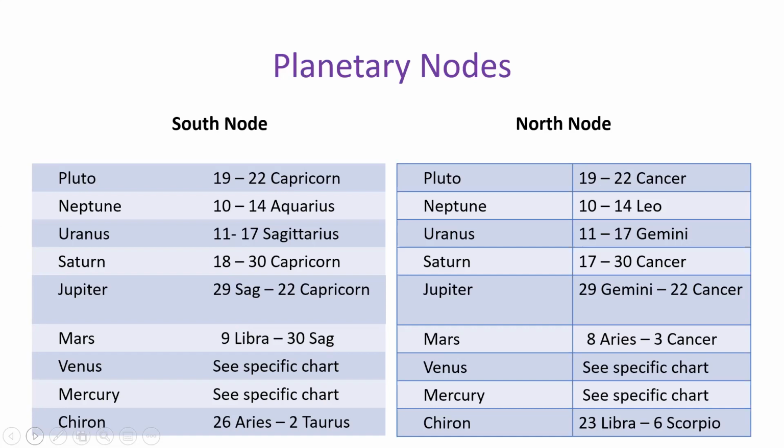Uranus south node is traveling 11 to 17 degrees of Sagittarius, and its north node 11 to 17 degrees of Gemini. And if you've been watching the transits, then you will know that Neptune is about 16 degrees of Pisces, which is forming a square to the Uranus nodes.